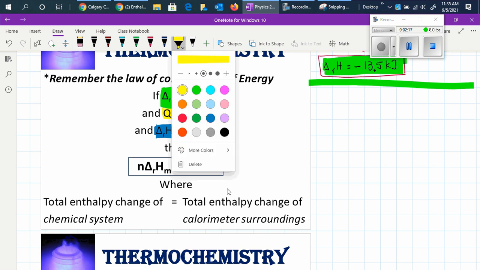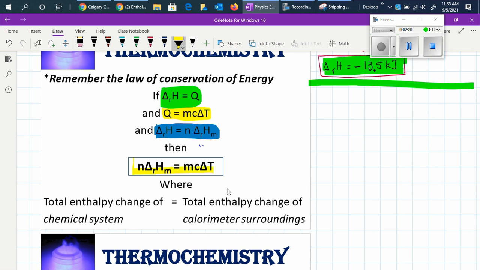So when we combine those two with the conservation law of energy, we have the equation n, the number of moles, times the molar enthalpy of the reaction, equals the mass of the surroundings times the specific heat capacity of the surroundings times the change of temperature of the surroundings. In other words, the heat lost is equal to the heat gained, and it doesn't matter which way it is gained or lost.